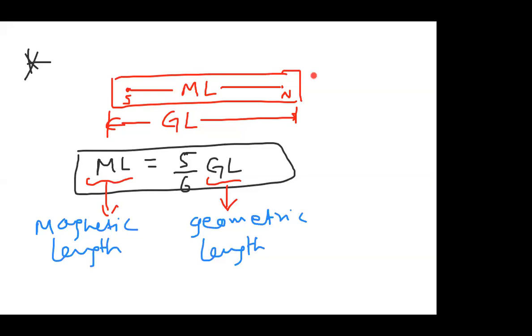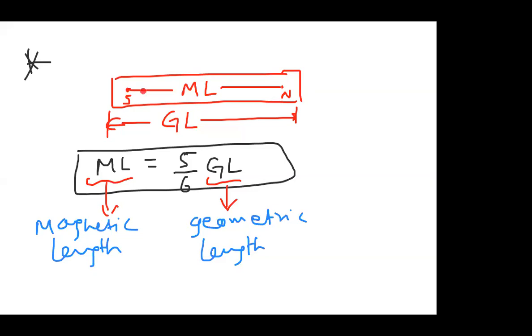The problem is the poles do not exist completely at the ends of the magnet. They lie just before the ends. There are two poles, south pole and north pole, which are non-identical. One south and one north will be there just before the ends. They are not completely at the ends.